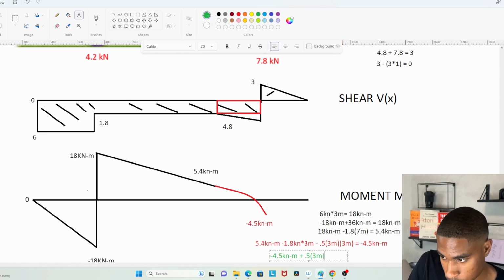And the height is 3. So that should give us 0. And that's a good sign. Should always be getting 0. You want to start with no moment and end with no moment.